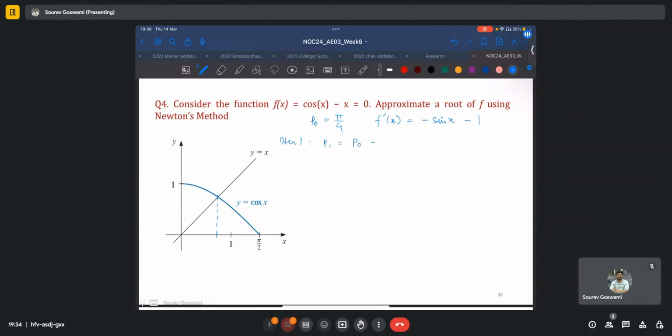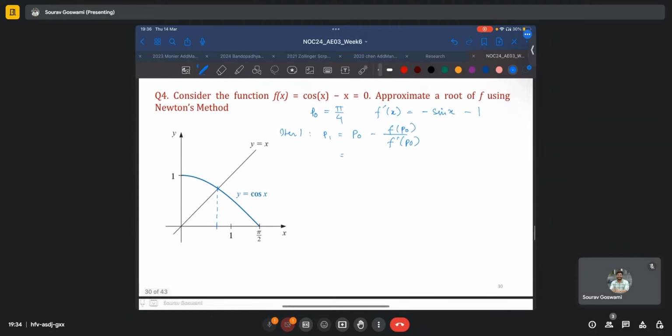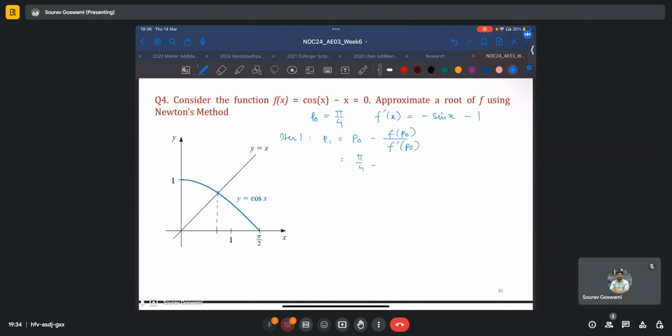P1 is p naught minus f of p naught by f prime of p naught, which is equal to pi by 4 minus (cos pi by 4 minus pi by 4) divided by (minus sin pi by 4 minus 1).